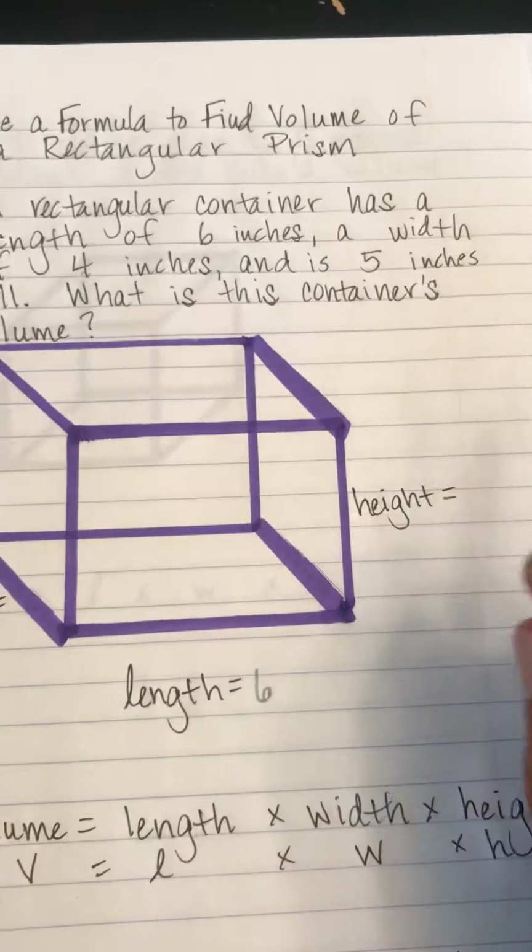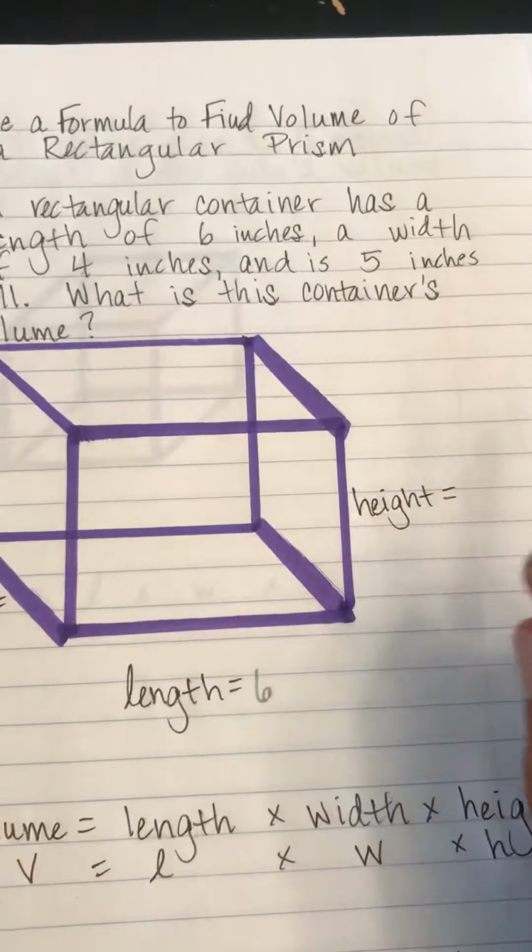We are looking at a 3-dimensional object, so you are going to be multiplying 3 things together. The formula is volume equals length times width times height.